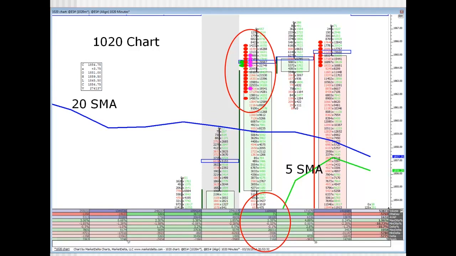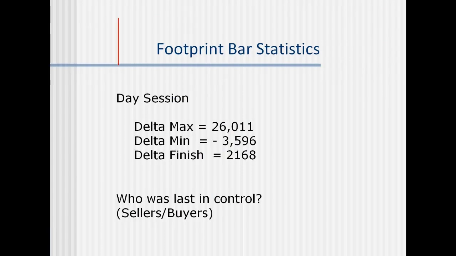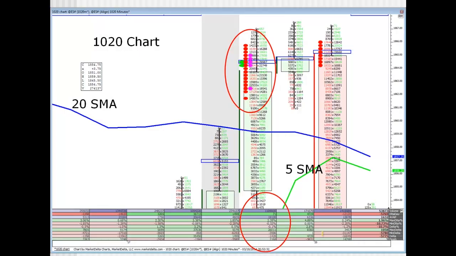Now the data that I'm really interested in, that is going to help me, is my delta max, delta min, and delta finish, because it will tell me who was last in actual control when we closed, and to what degree they were being challenged. So we go back to the footprint bar statistics, and we extract these numbers that we need, and they're all right here.